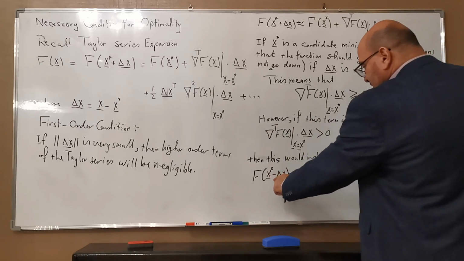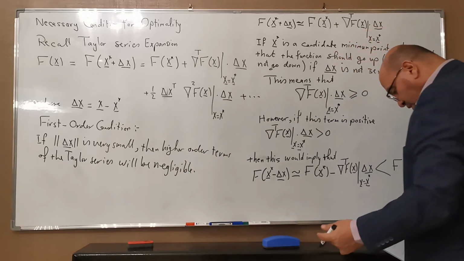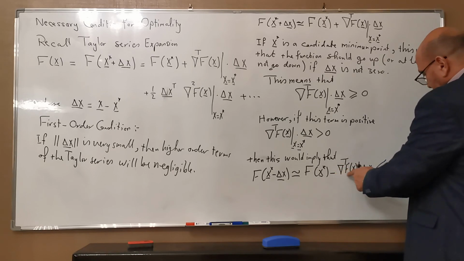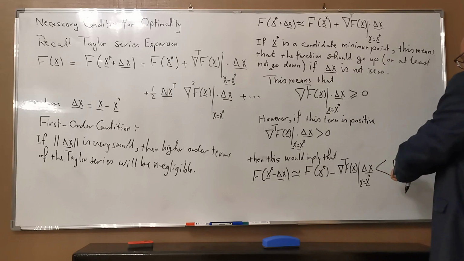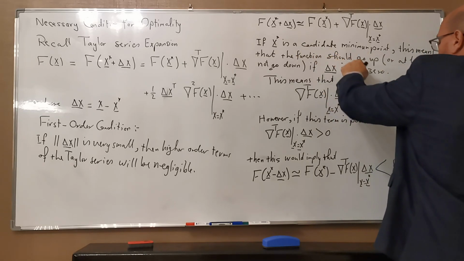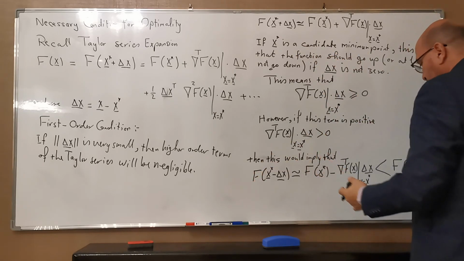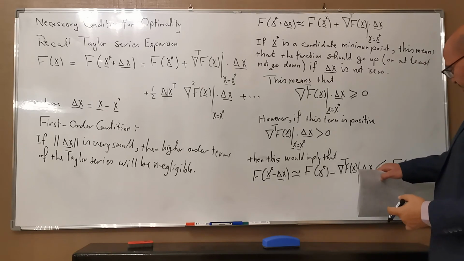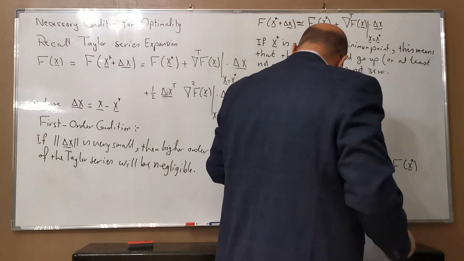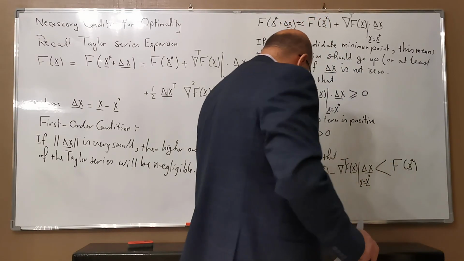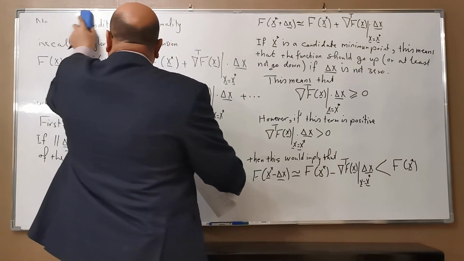Now if you have x but you go to the other direction, it's supposed to be with a minus sign. Anyway, x star is a candidate and it's a minimum point. So whether you go to the left or to the right, you have to have f of x star as the minimum, and no value of any x should go below f of x star.